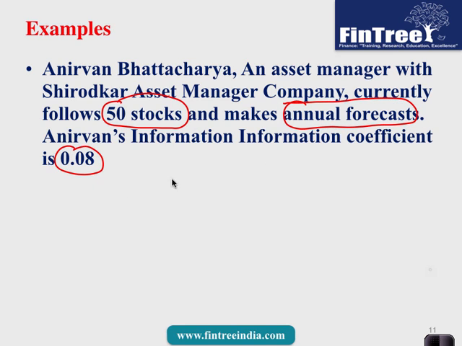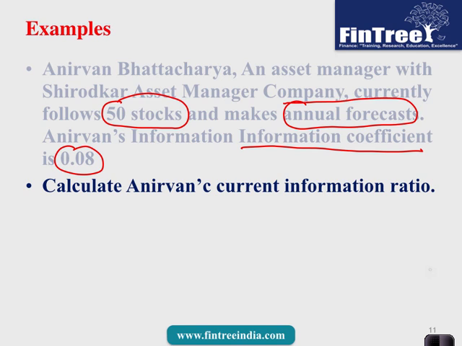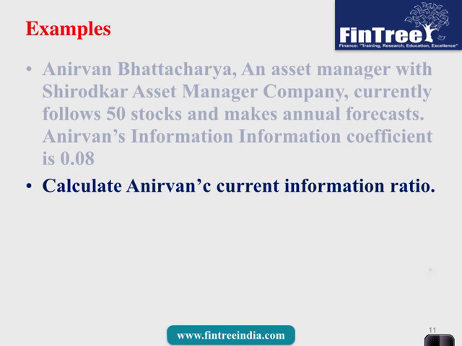First example, 50 stocks and we are making annual forecast. Information coefficient is 0.08. First question, calculate current information ratio. That would be calculated as 0.08 into root of 50, which is 0.56.